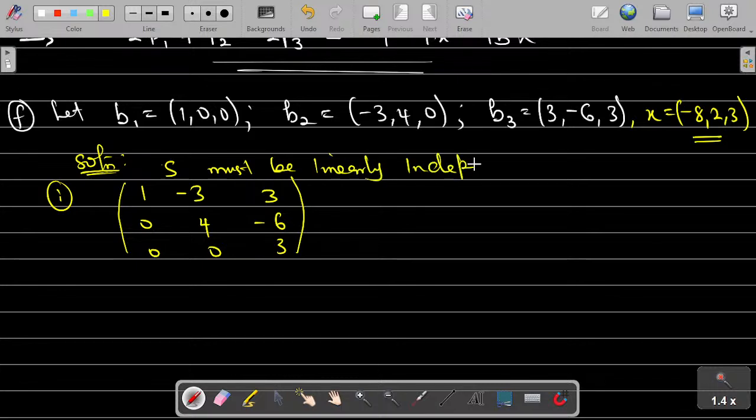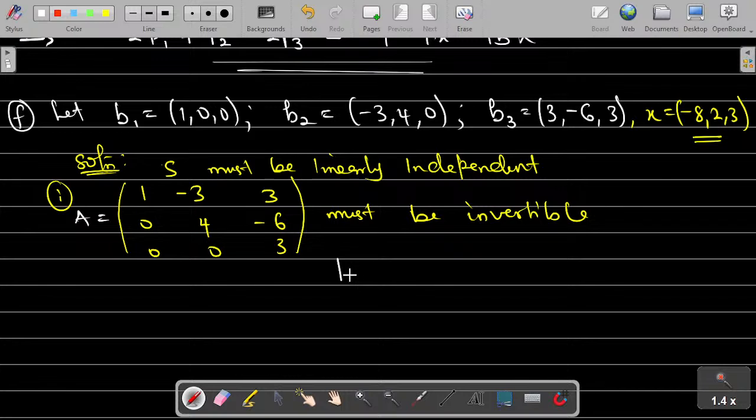That's the first thing you want to show. And so to show that, we now show that this must be invertible. And to show that it is invertible, we now show that the determinant is not 0. And so assume that this is matrix A.